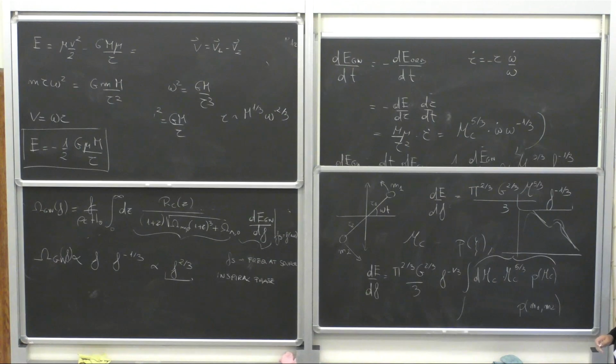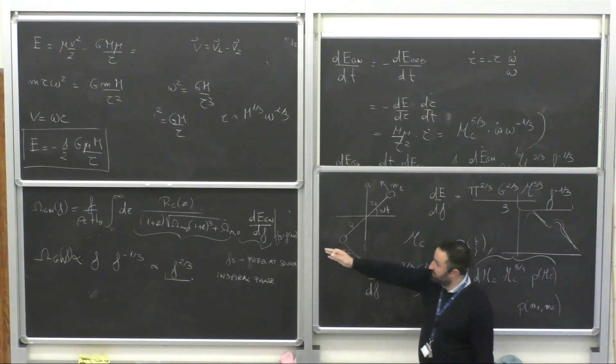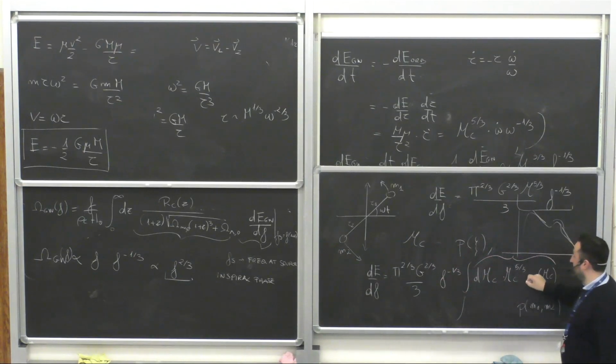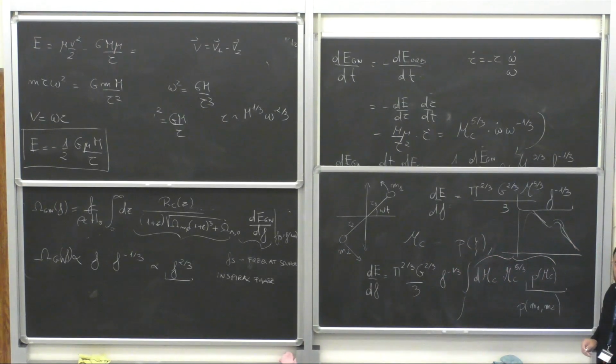So whenever you want to integrate those quantities, you have to take into account the distribution, the PDF of your parameters. Here I just assume the mass as my parameter, but you have 11 or even 16 parameters in the full case on which you have to integrate. So okay, this is a simple naive calculation.